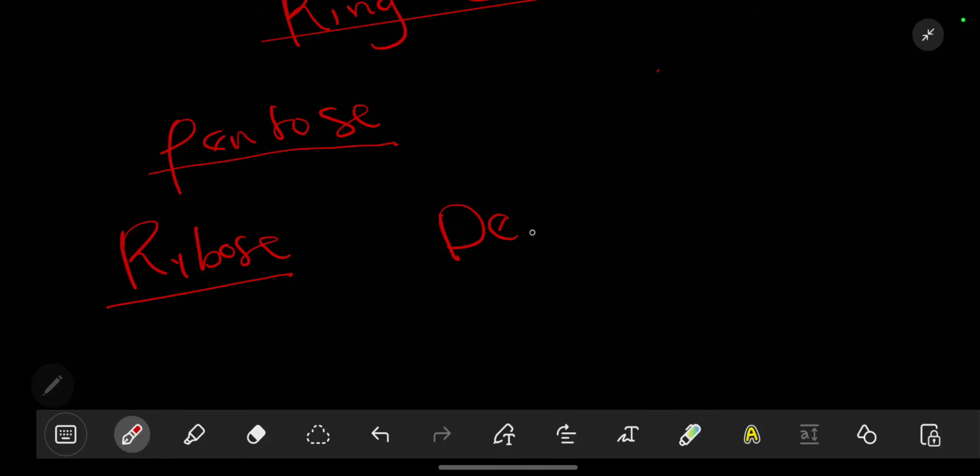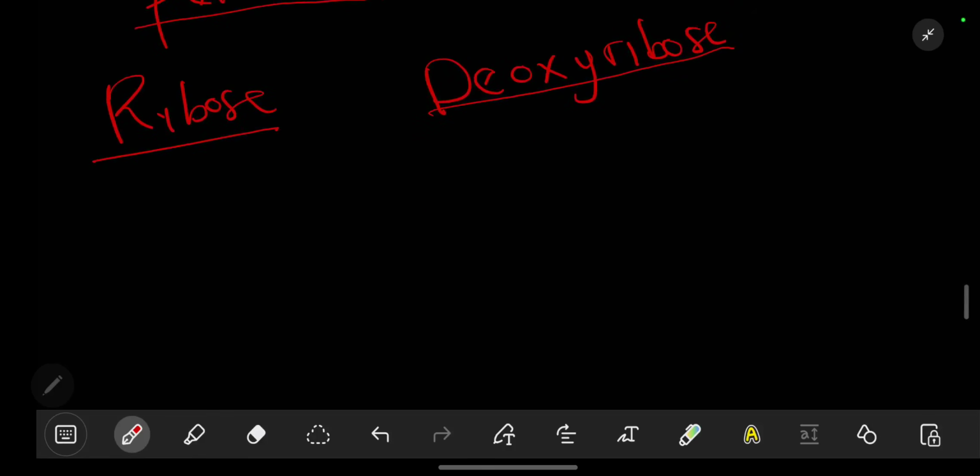We can also have what we call deoxyribose. This one, deoxyribose, is found in DNA. Now when we draw certain structures, we have something like this. Drawing the ring structure of this, we have our O like that, then draw the pentagon. So that's the meaning.